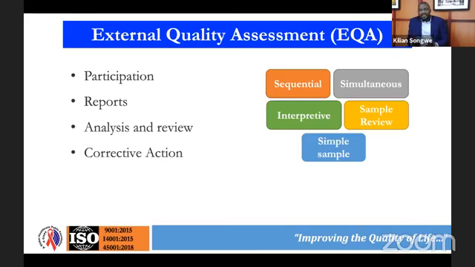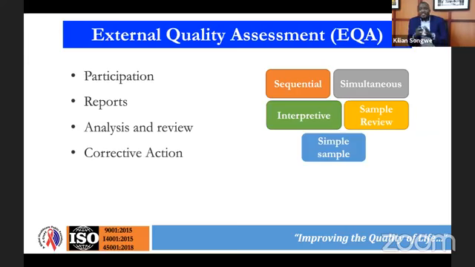There is interpretive, where they just give you a sample and tell you to interpret the results. And then there is sample review, whereby the lab does the testing, and then sends it to a central lab to verify what it did. And then there is what we call split sample. You get one sample, then you distribute it between the labs. That's called split sample EQA.